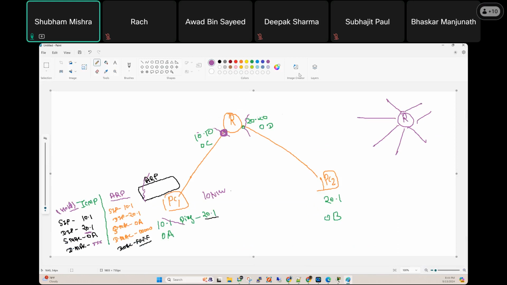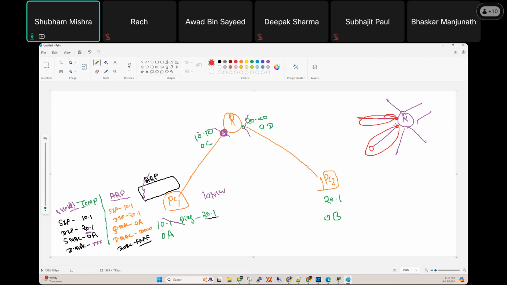But tell me one thing: if you connect this PC with this interface and this PC with this interface, it means this will be in a different network and this will be in a different network. They all will be in different networks.